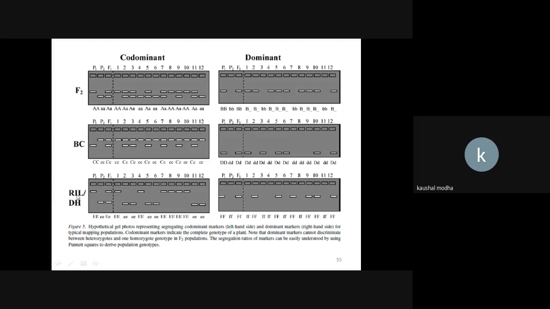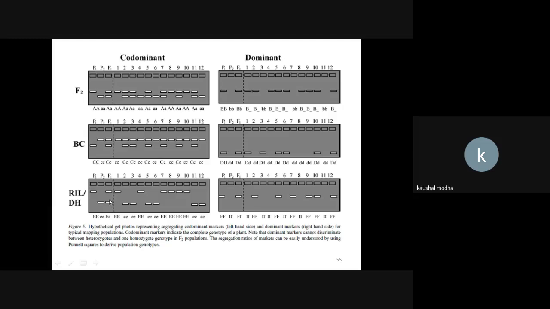If we consider RILs and double haploids, where the segregation is 1:1, all the individuals are almost homozygous: 100% homozygous in double haploid, and almost homozygous in RIL, up to F6 or F8 RILs we are talking about. In a codominant marker, both the parents are expressing their alleles.